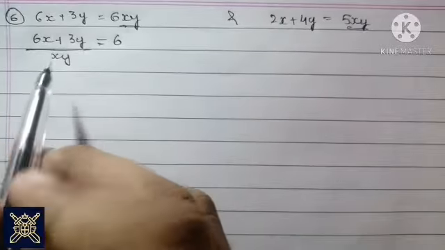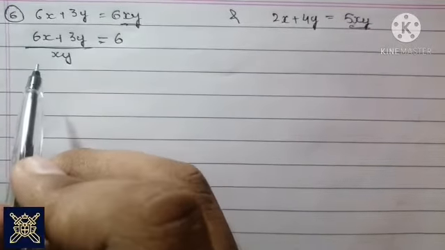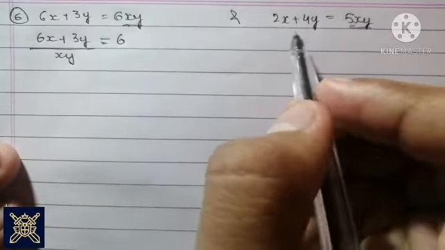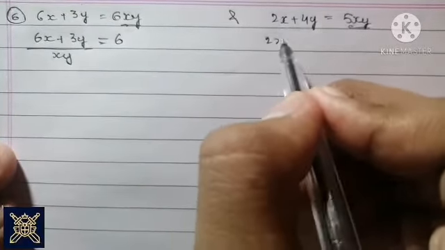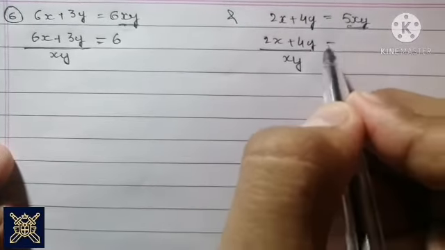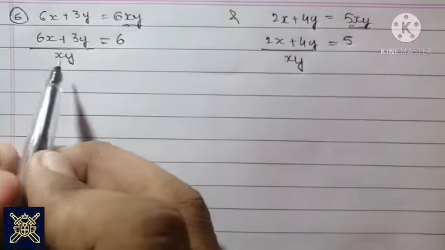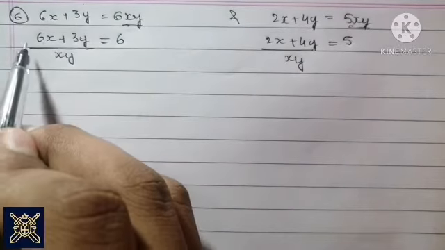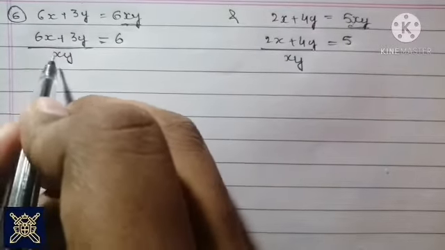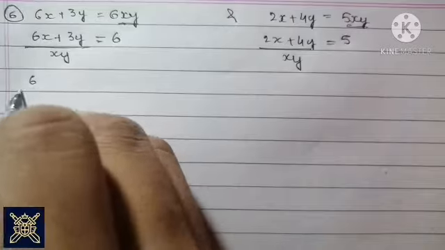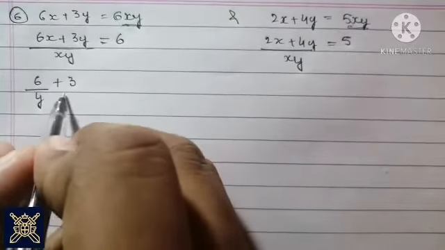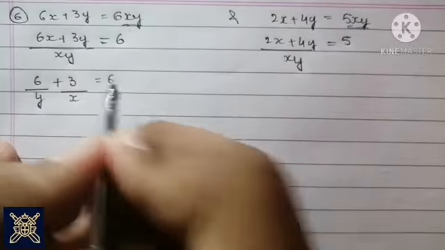Now again you have the same formation as in the last question, the fifth part. Similarly, you can write this equation as (2x plus 4y) upon xy is equal to 5. Now you take this xy as the individual denominator for 6x and 3y. So you get 6x upon xy, x and x cancelled, so 6 upon y, plus 3y upon xy, y and y cancelled, so 3 upon x, is equal to 6.